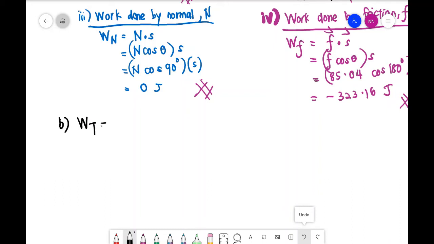Work done total equals work done by the force F plus work done by the gravity, the weight, plus work done by the reaction force, the normal force, plus work done by the friction.